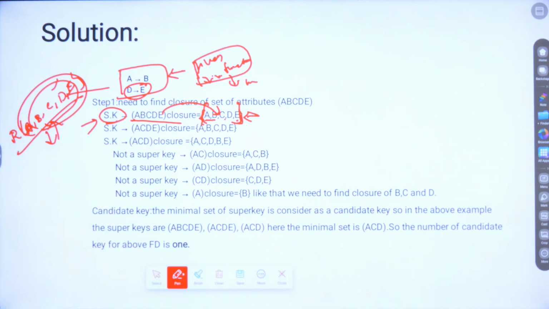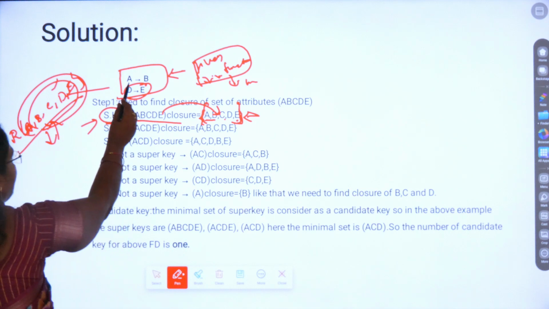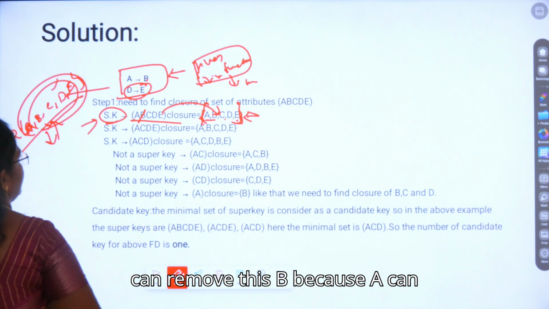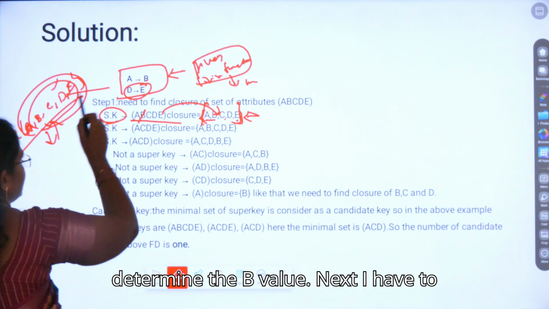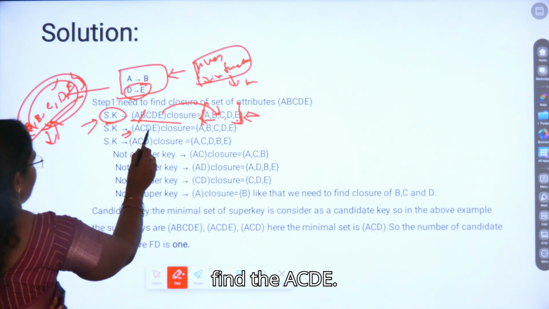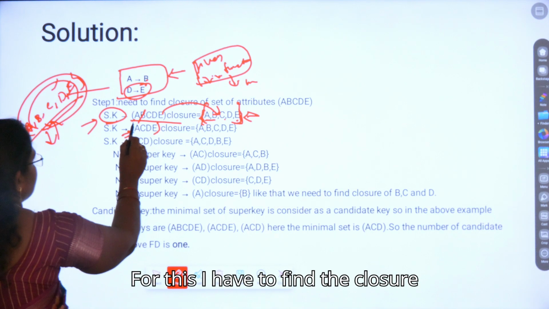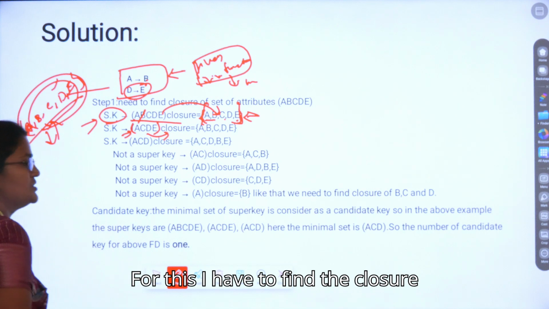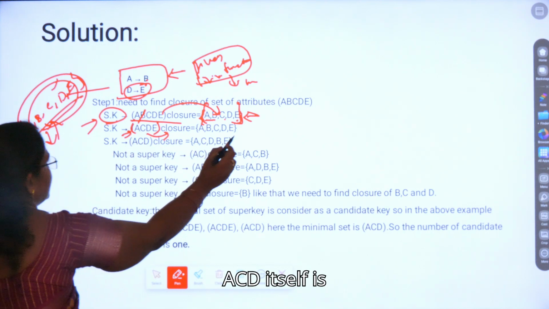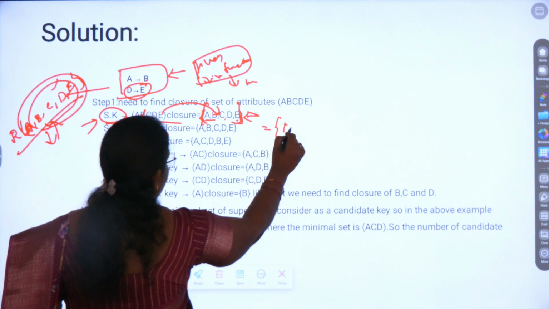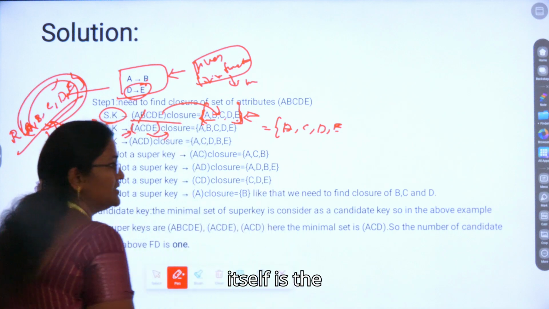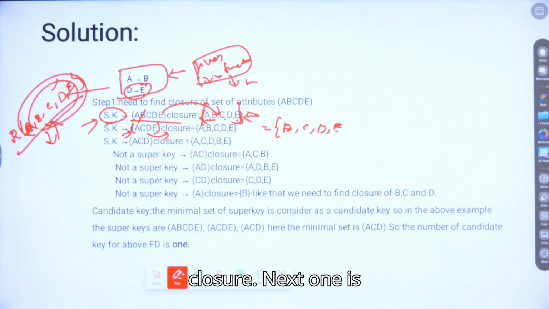Next, A determines B, so I can remove B because A can determine the B value. Next I have to find the closure of A, C, D, E. A, C, D, E itself is a closure.